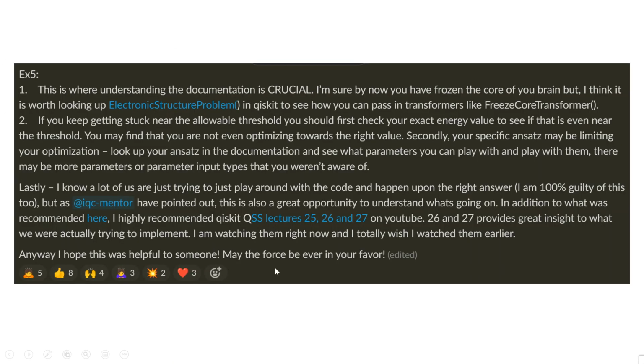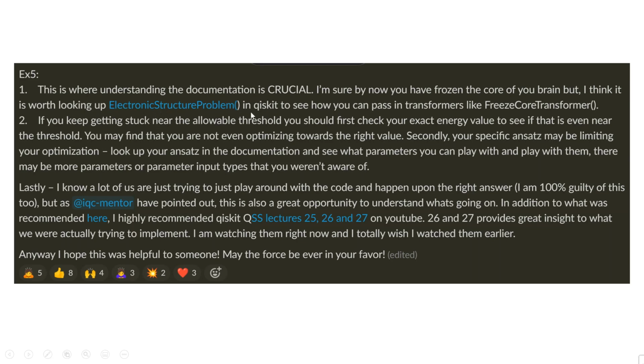And so just as a final thing in the Slack, I would like to repeat some of the notes that I gave. I thought it might have been helpful to some people, but it's crucial to understand the electronic structure problem documentation. I think a lot of struggles were also not even the understanding of the theory, but some of the documentation.